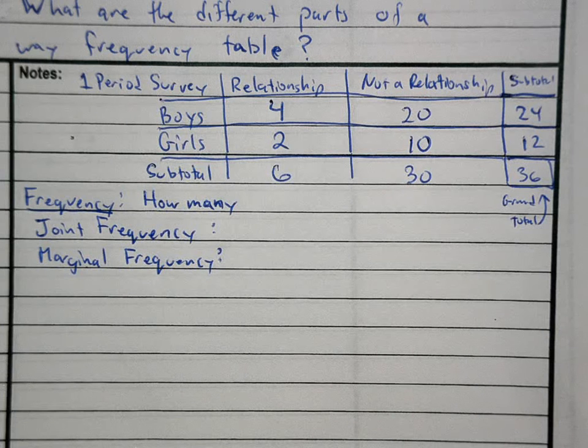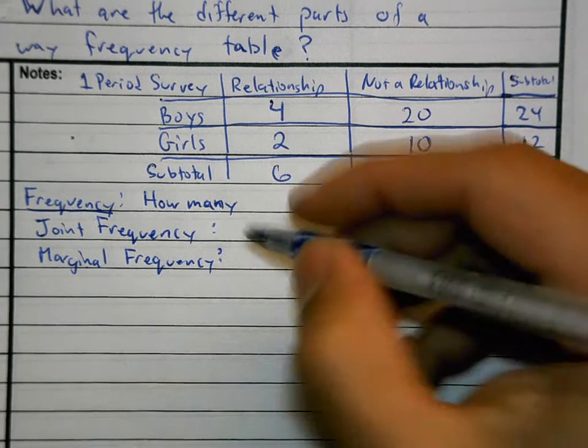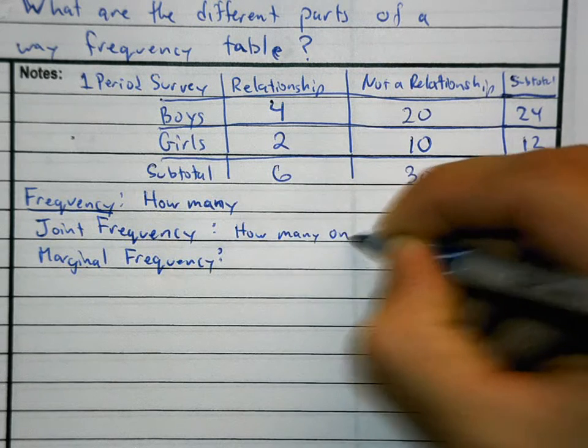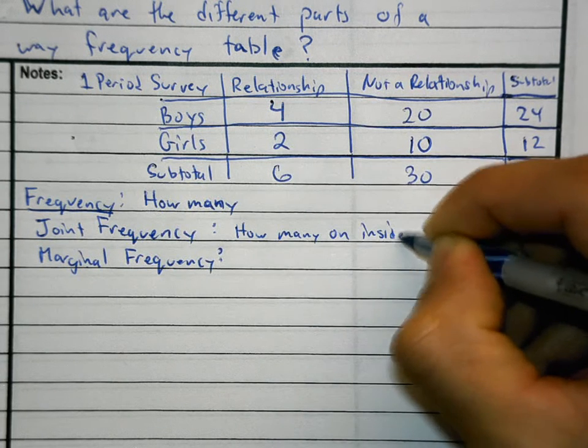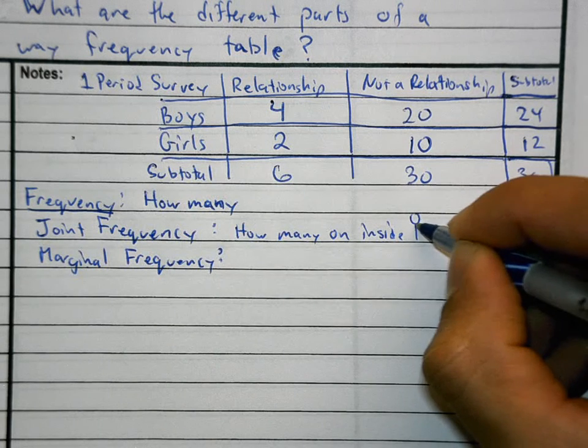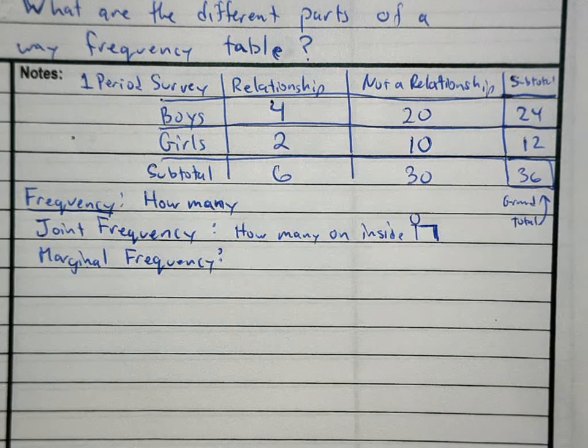A joint frequency is a how many on the inside. And I'm going to put an elbow. Pretend this is a person, and this is their elbow joint.